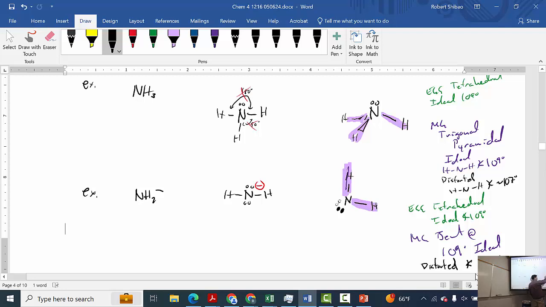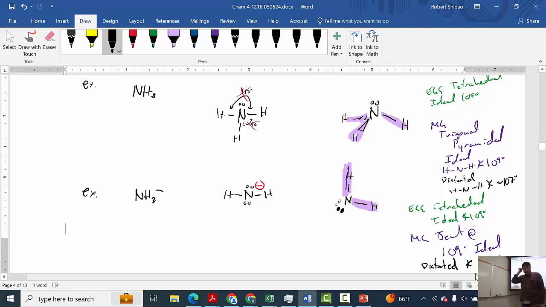This lone pair nitrogen hydrogen angle increases, and then this would get squeezed down. So these angles expand by about 2 degrees. These contract by about 2 degrees. Now for this one up here, it's the same. So this angle expands. The lone pair nitrogen hydrogen angle expands, and then this one contracts.